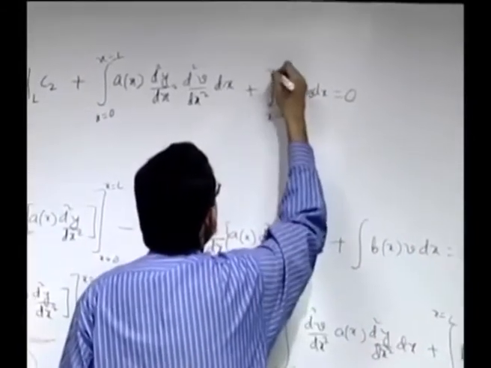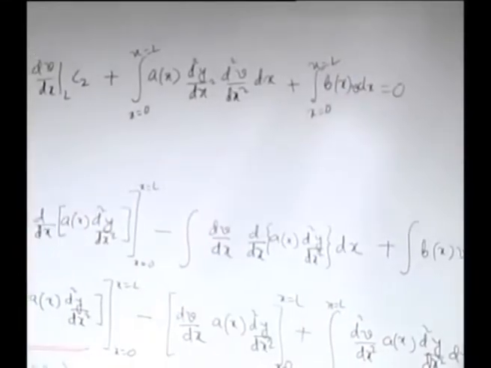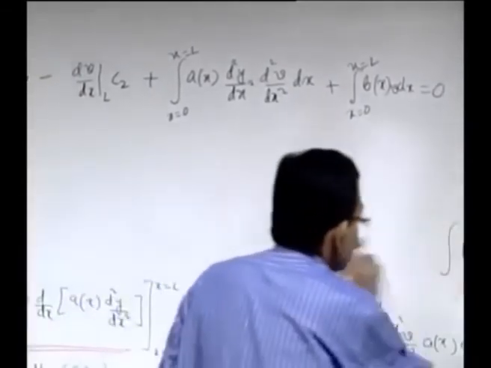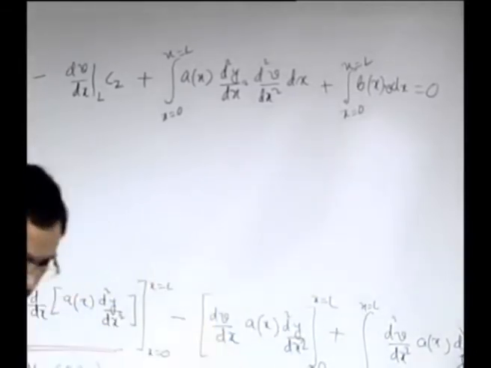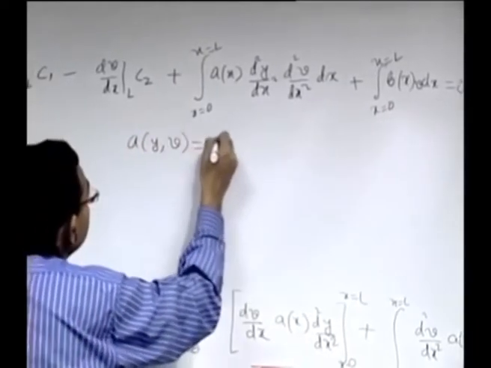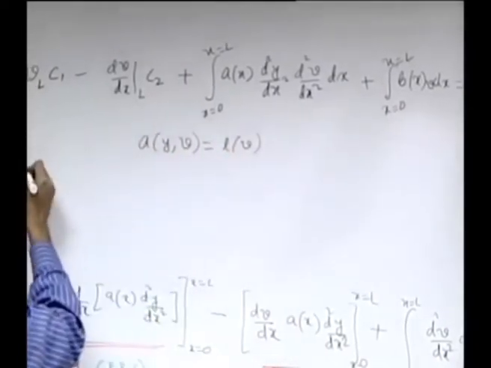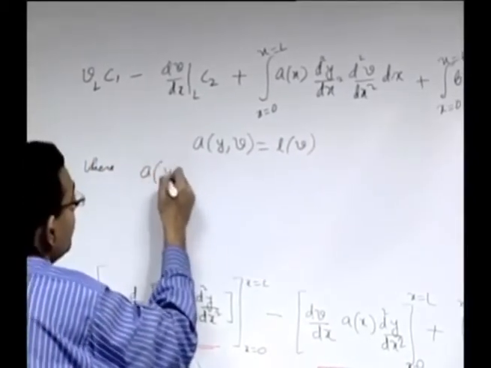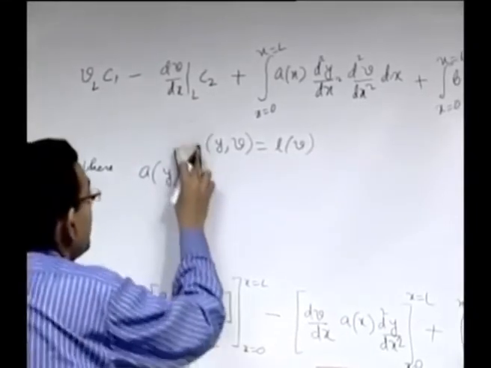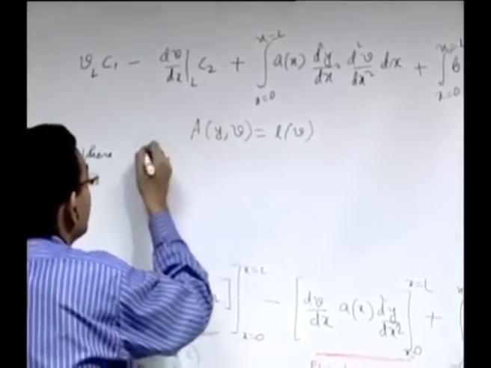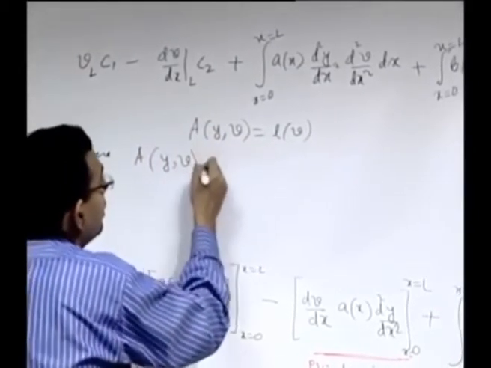So, this you can write in the form A y v equal to L v, where A y v, maybe let us use a different symbol, say capital A, because we have already used one small a in the problem. What is capital A y v?